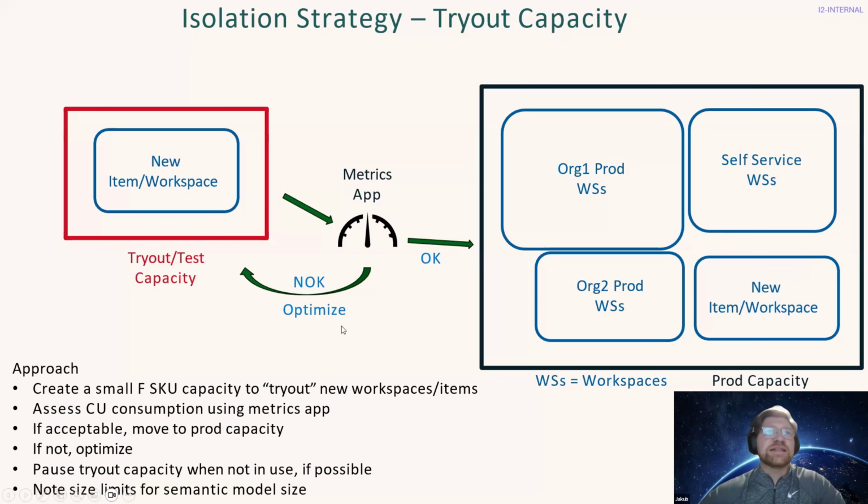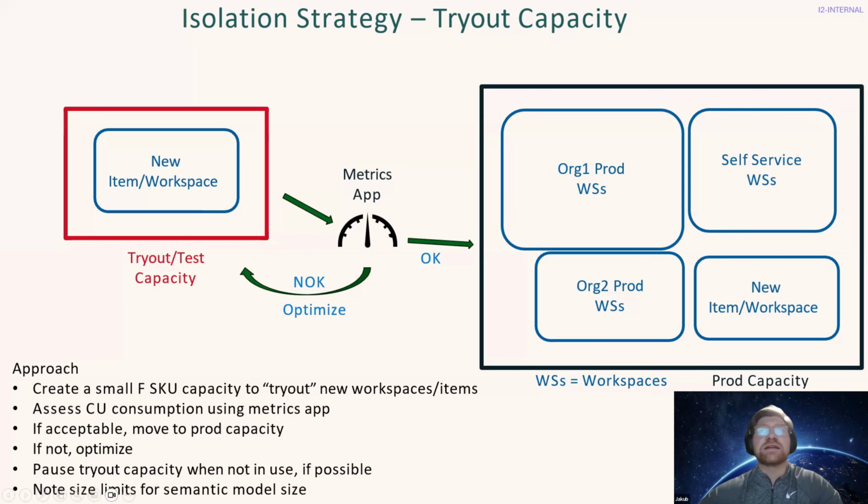Something more complicated is a tryout or test capacity. If you have some new items or new functionalities, you can always set up an additional Fabric capacity on your Azure subscription and try it there. And if you see that it's acceptable, that it won't go over the limits of your main capacity, you can then include it in the main one.